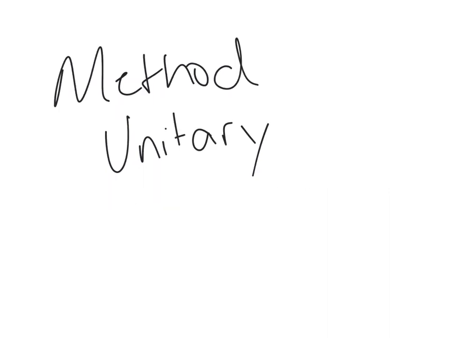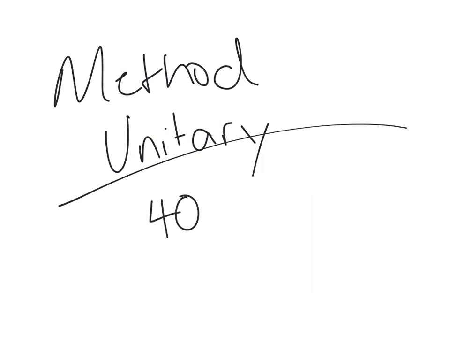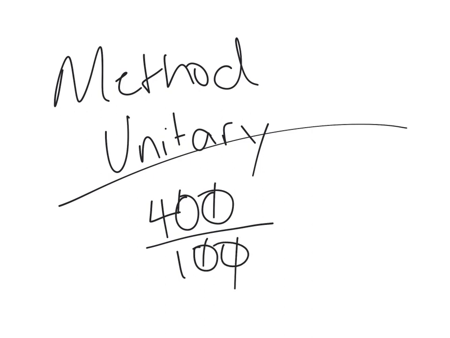So if we are going to look at the unitary way, which was not this class's favorite, I'm going to go through the unitary way first, and then I'll do the fraction method. So if we find 1 unit or 1% of 400, 400 over 100, cross off the 2 zeros, it equals 4.